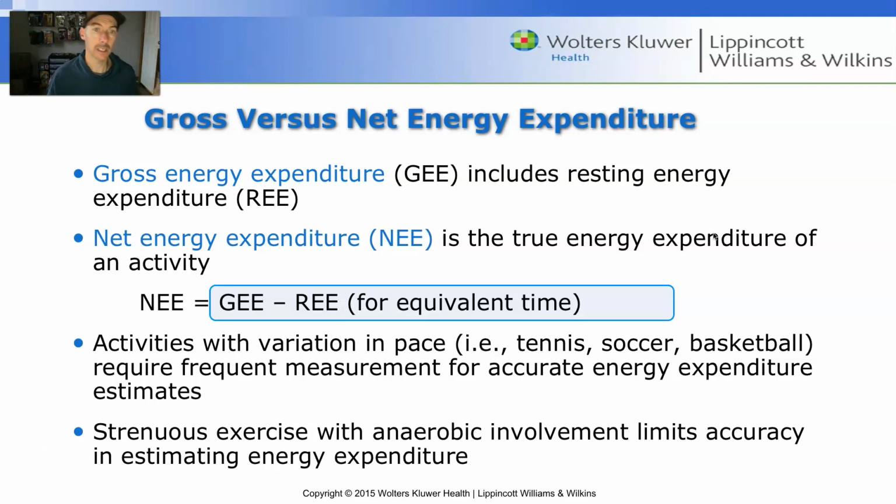So gross energy expenditure includes the energy required for the resting metabolic function. The net energy expenditure does not include that, okay? Just like your net income does not include the money that you pay in taxes, right?